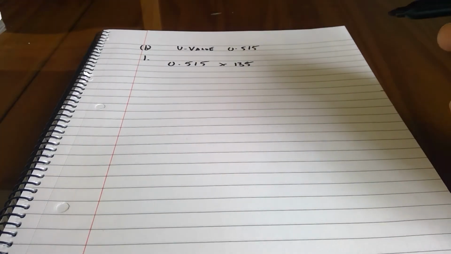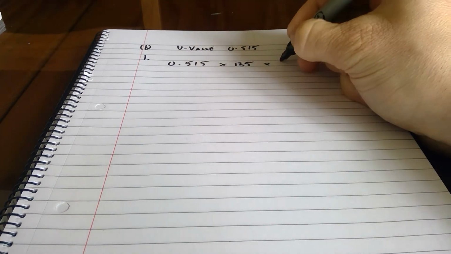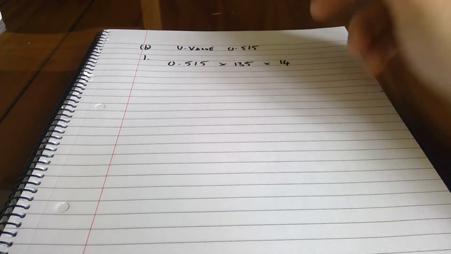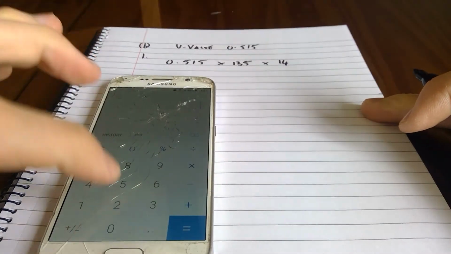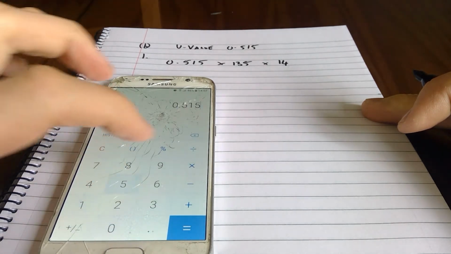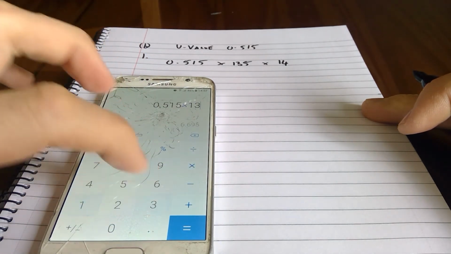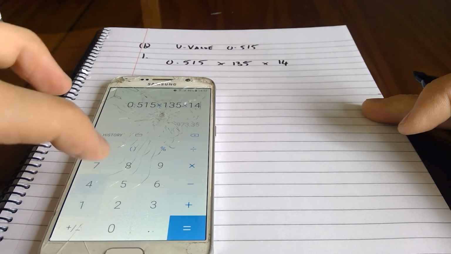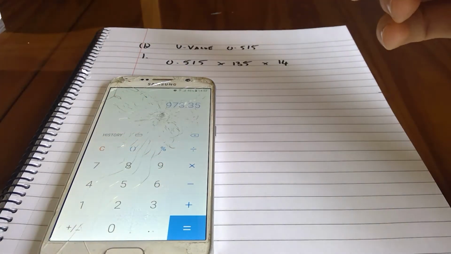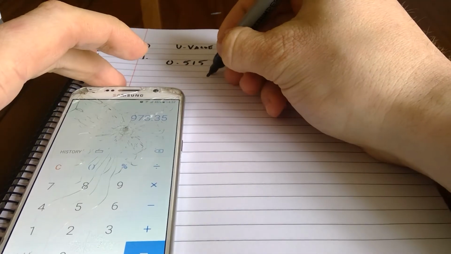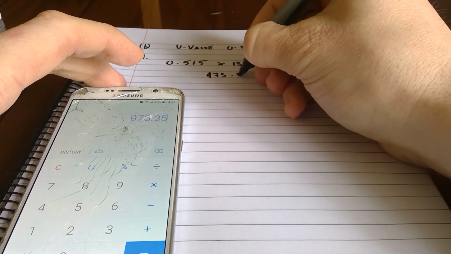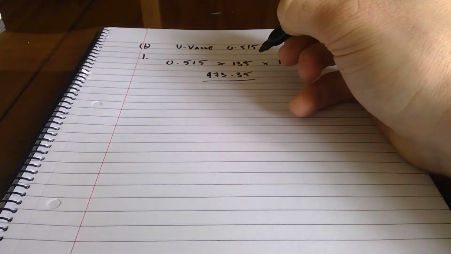So 19 minus 5 will give us 14. So calculator again. 0.515 multiplied by 135 multiplied by 14 equals 973.35. No harm underlining that.